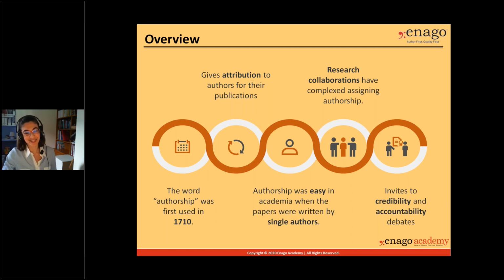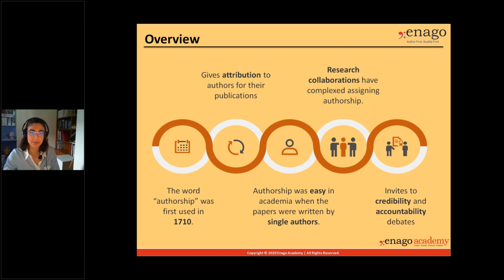It was easier in academia to assign authorships when the papers were written in the past, mostly by single authors. Today, however, the extensive research collaborations necessitate having more complex authorship issues, larger teams, often each one involving multiple participants.